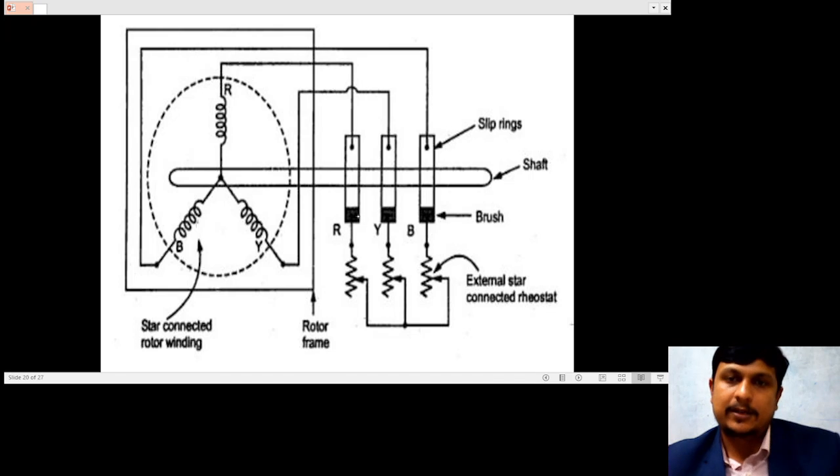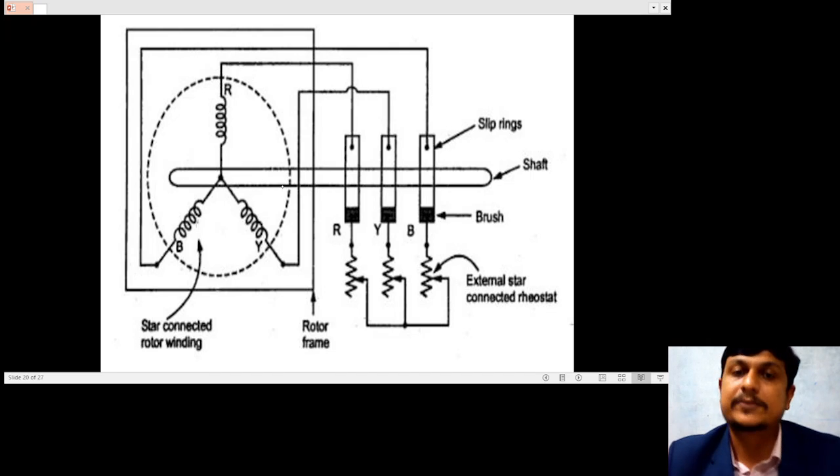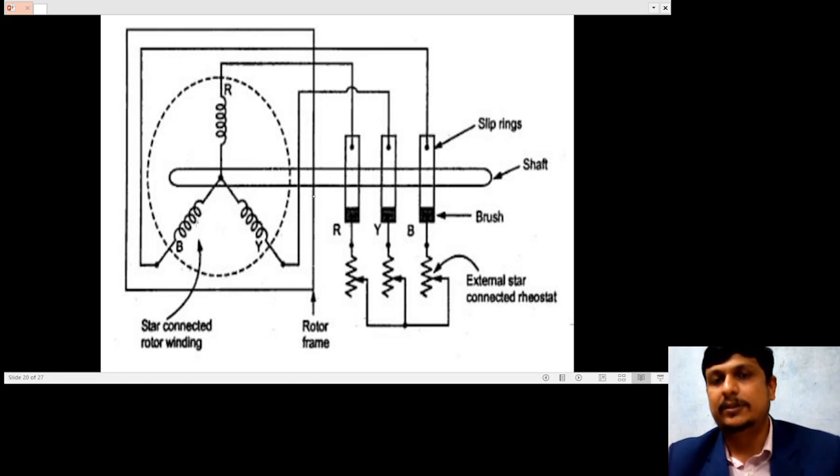Due to the possibility of external rheostat connection, the starting torque of this type of induction motor is better than your squirrel cage induction motor. So this is one of the disadvantages of the squirrel cage induction motor: its starting torque is not as good. The starting torque of a slip ring induction motor is good because of the possibility of external resistance connection.